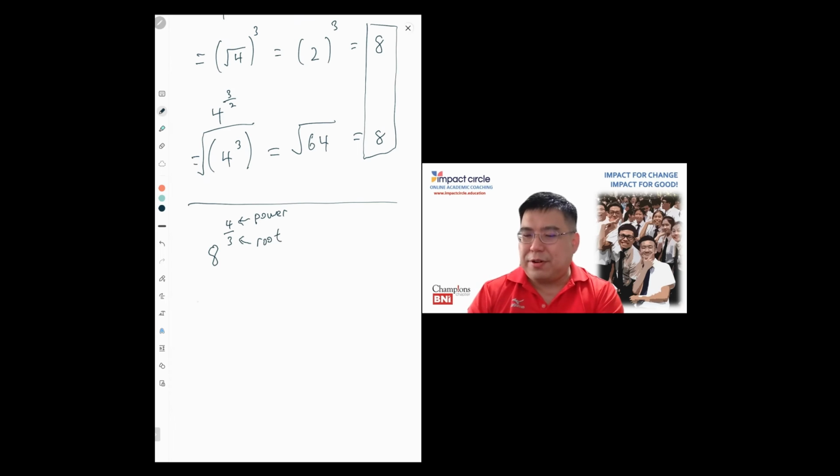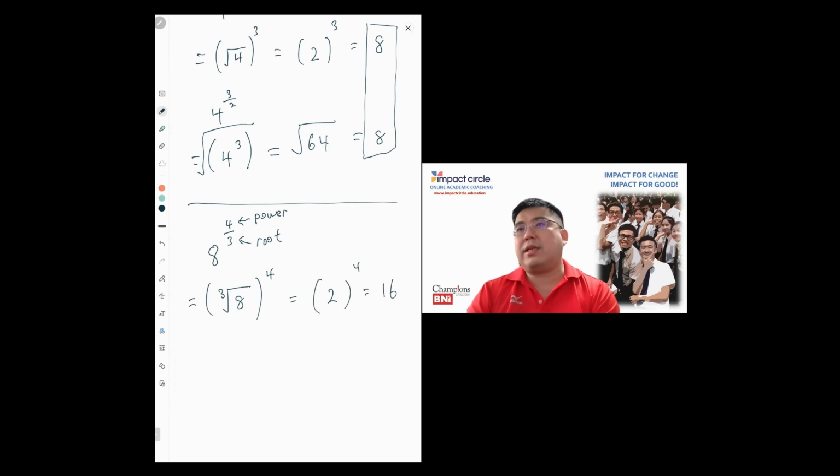So, as mentioned before, if you have a choice, do the root first. So we take the cube root of 8, then after that, we will do the power of 4. The cube root of 8, of course, is just 2, and 2 to the power of 4 will give us 16. And you can see that this is actually quite easy to do without having to use a calculator, right?